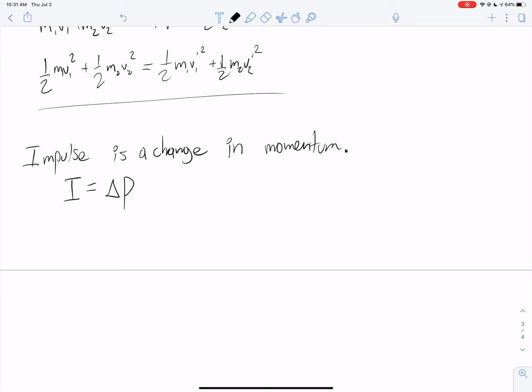Something happens and the momentum we had at the beginning is not the same as the momentum we had at the end. This means something happened in such a way that impulse is now taken into consideration. So all you have to do to solve a problem that has impulse in it is identify your momentum at the end and subtract the momentum from the beginning from it. And that's going to be equal to your impulse.